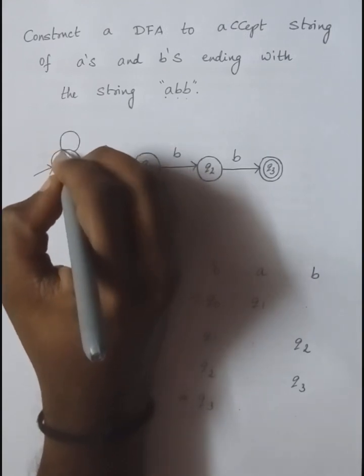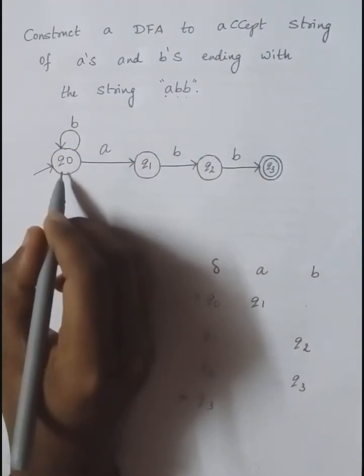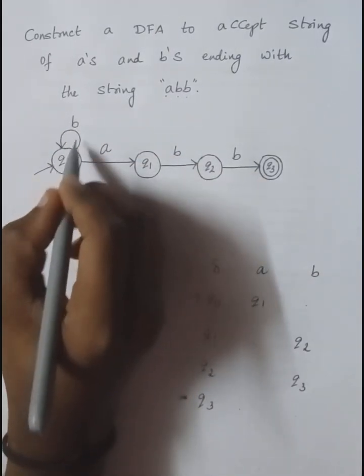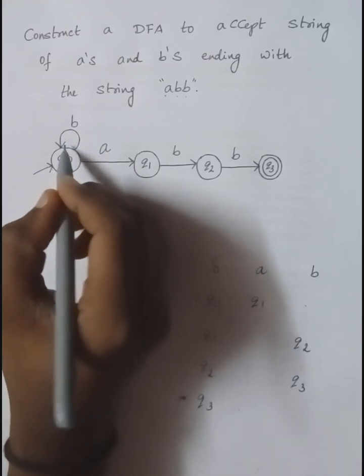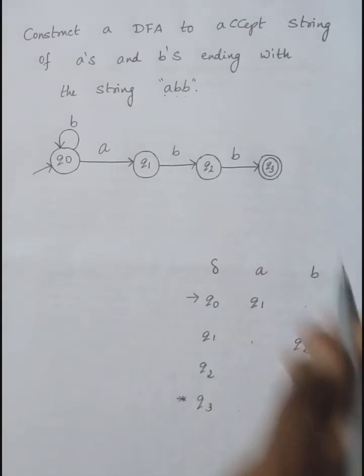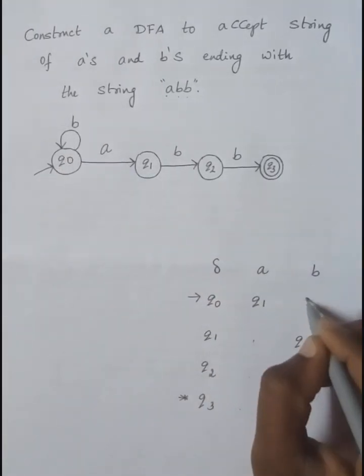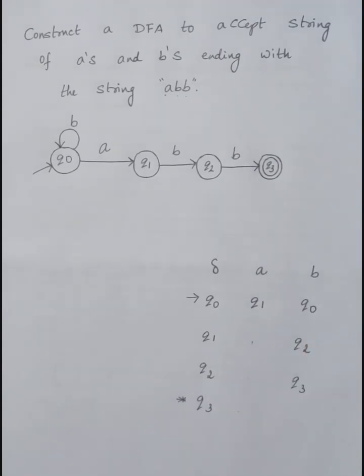So we'll self loop the B as an input for the Q0 itself so that it can accept any number of B in the initial part. Later it will accept A, B, B and stop. Okay, so we fill the table. Q0 on B input, it always goes to Q0 itself.